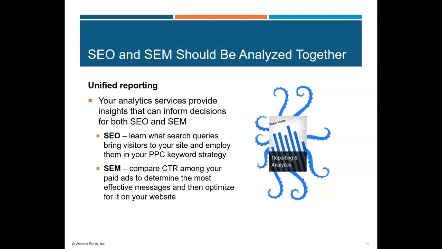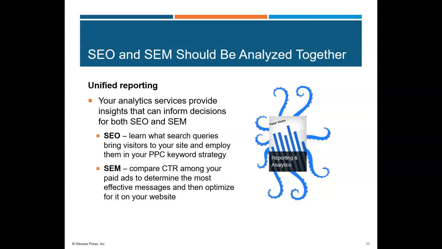SEO and SEM should be analyzed together. You need unified reporting. So your analytics services can be from Google, or you could have a customized service from a software company that built that analytics service for you.